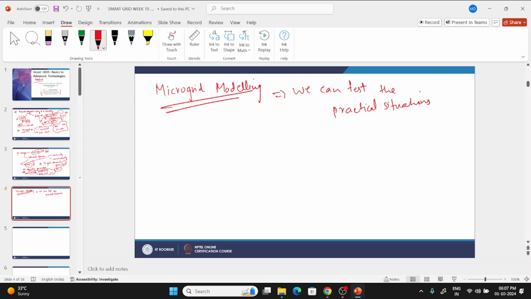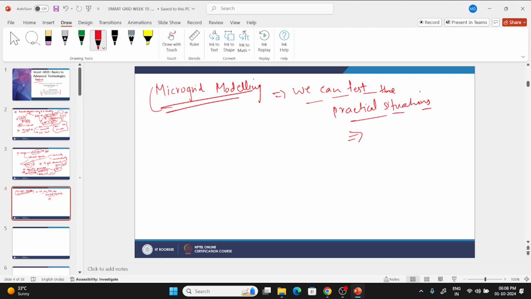That is why we do microgrid modeling and simulation and case studies of various types of microgrid, so that whenever we apply those techniques to a real world situation, no untoward situation develops.